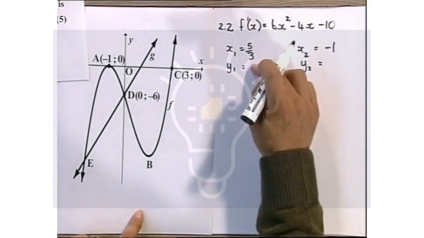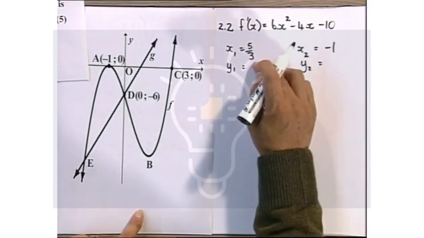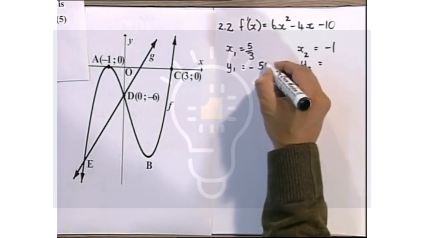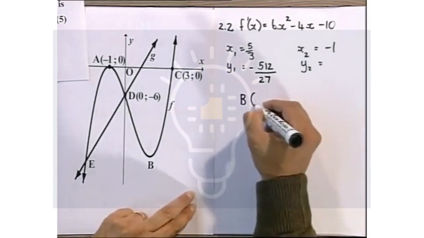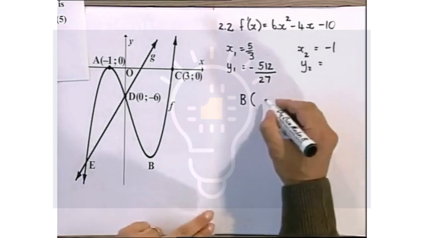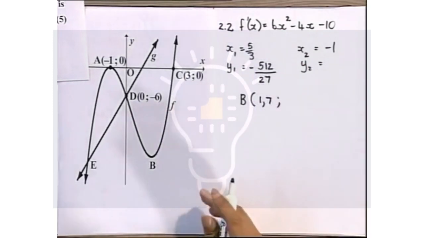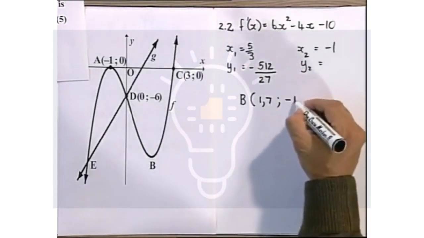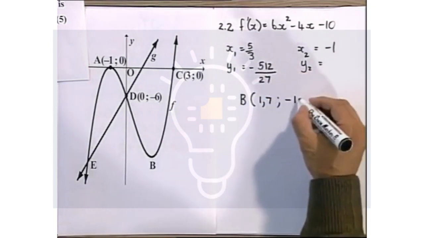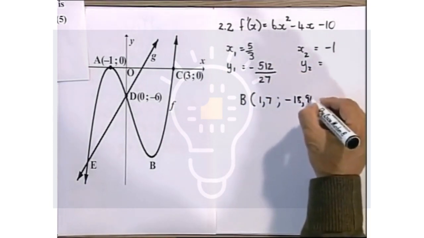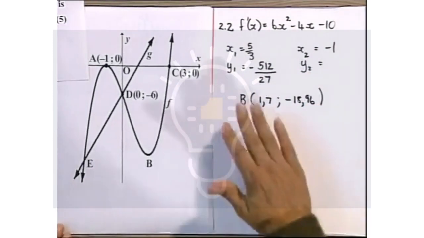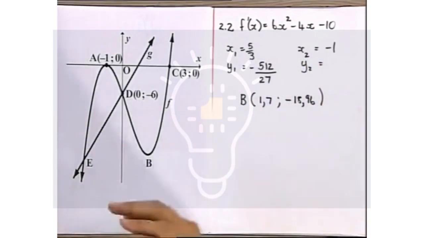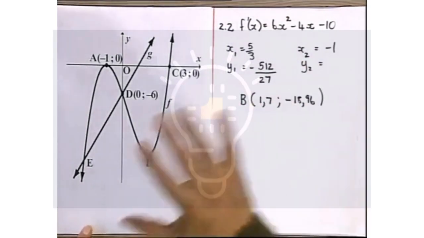So if you put 5 over 3 into the original equation, you will get something that doesn't look so nice, minus 512 over 27. So that means your B would be 5 over 3, minus 512 over 27. If you want to write it as decimals, that will also be accepted. And minus 512 over 27 is minus 18,96. So make sure, guys, that when you work with these things, you have that understanding on how to work this out.